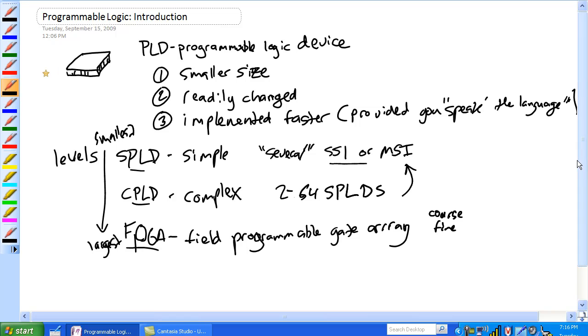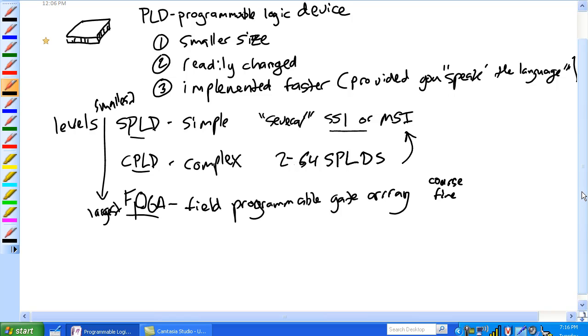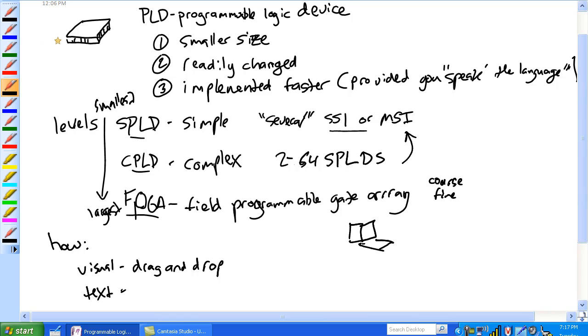Okay, what we want to talk about is how you program these things. Basically, there's two ways to do it: visual and text. Visual, sometimes it's drag and drop on a computer. Think about this: you've got a computer with a little cable coming out, plugging into the PLD, and on the computer screen you're just dragging and dropping, making schematics, making a counter here into a register.